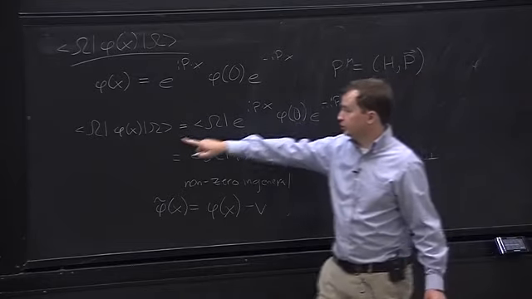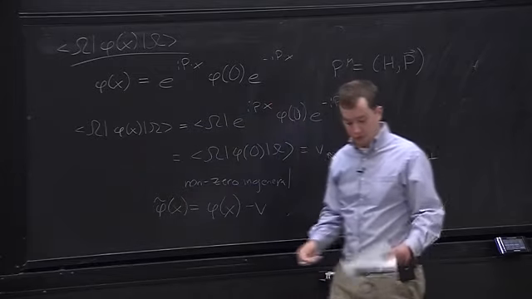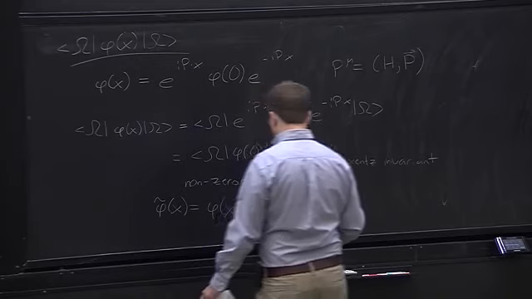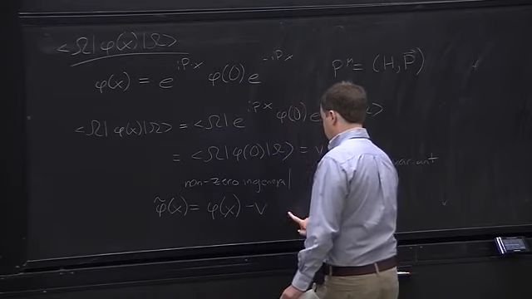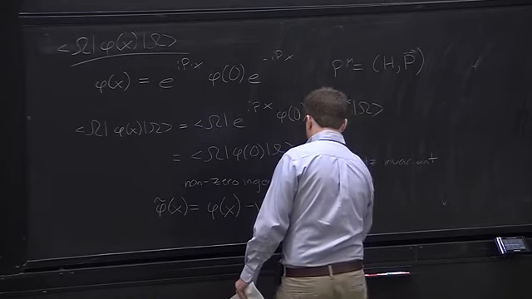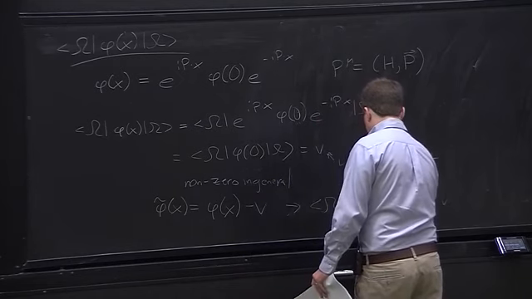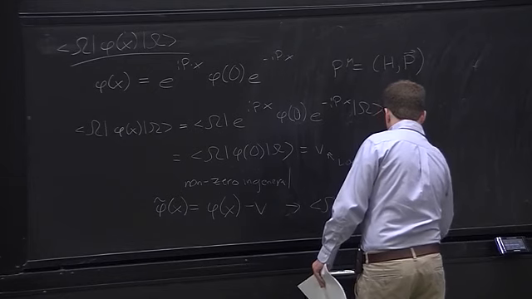This is known as the vacuum expectation value of the field. So if you do this, then the vacuum expectation value, or VEV, of phi tilde is 0.